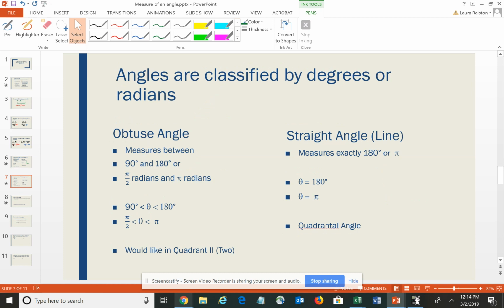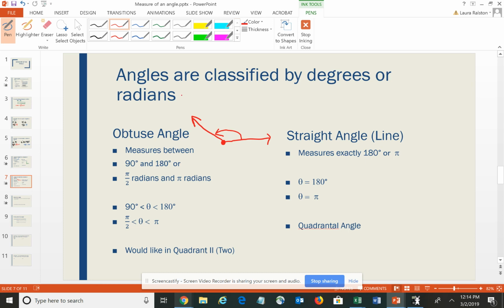Then you have an obtuse angle. An obtuse angle measures between 90 and 180 degrees, or between pi halves and pi, and it would lie in quadrant 2.